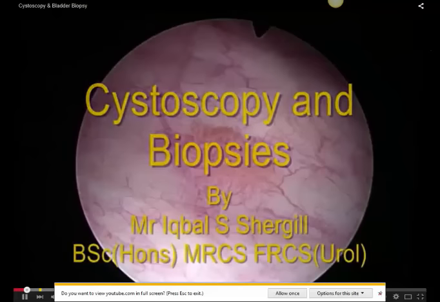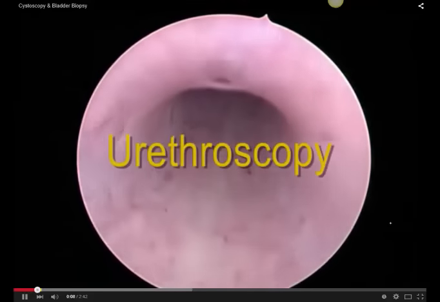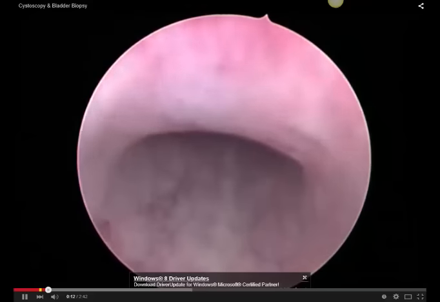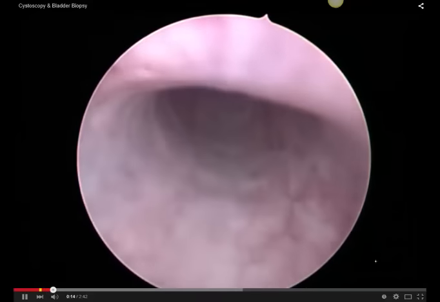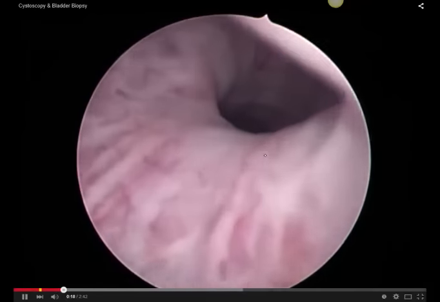There's just music, no audio, so just follow along. You're passing through a male urethra, so it's very long. The cystoscope usually has a light at the other end, so you can see it passing through the urethra.